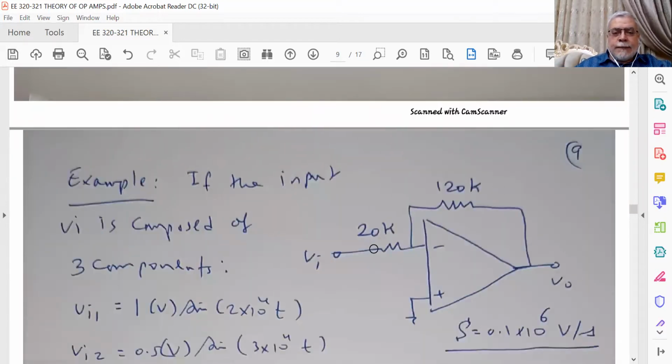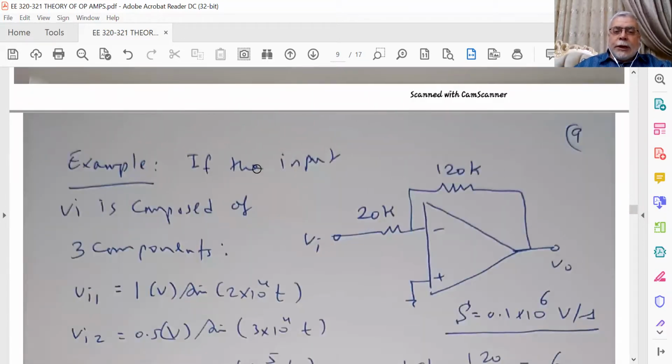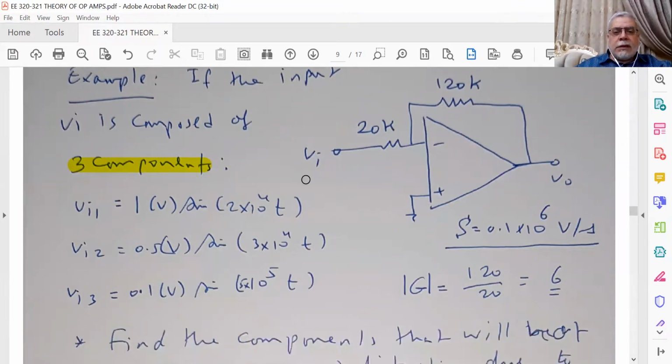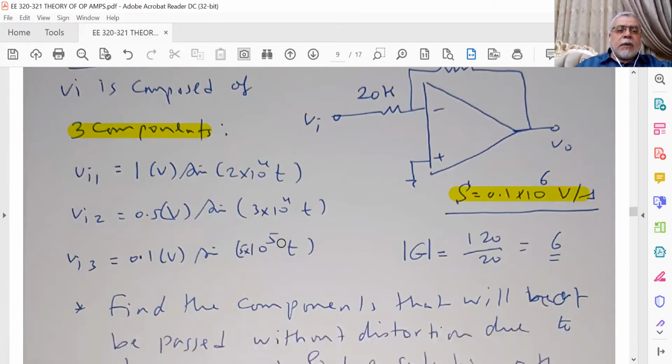This is an example. If the input Vi is composed of 3 components for this circuit, here we have 120 kilo ohm as a feedback resistance, and 20 kilo ohm as R1. This is Vi and this is Vo. For this amplifier, we give the slew rate equal to 0.1 volt per second.